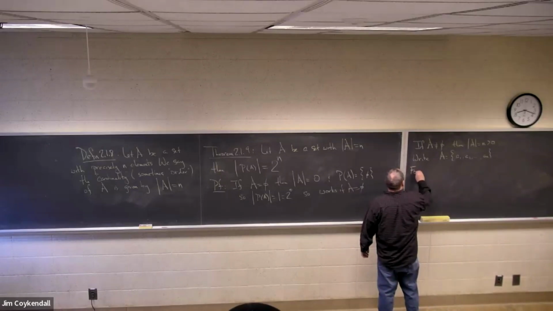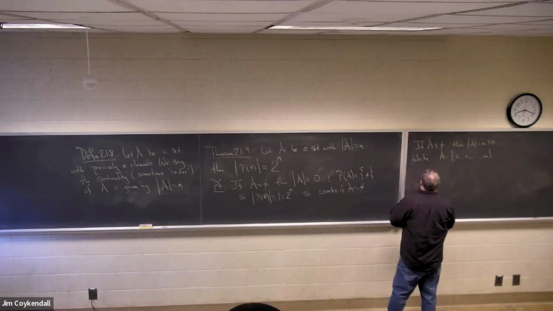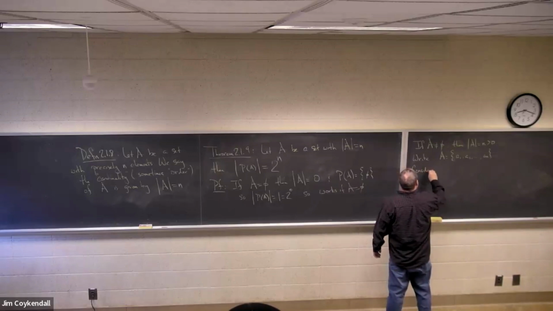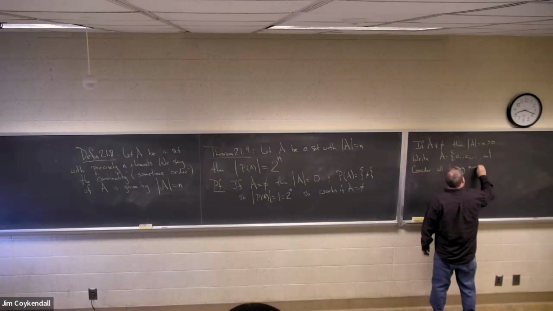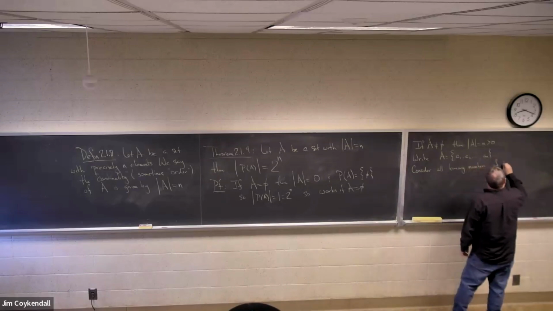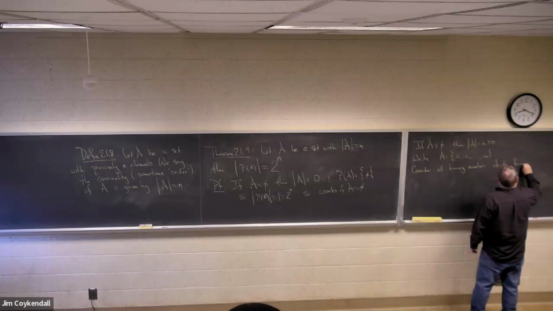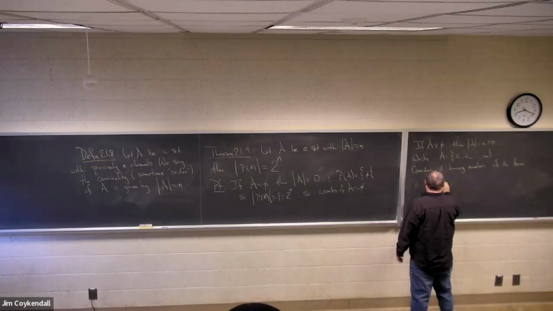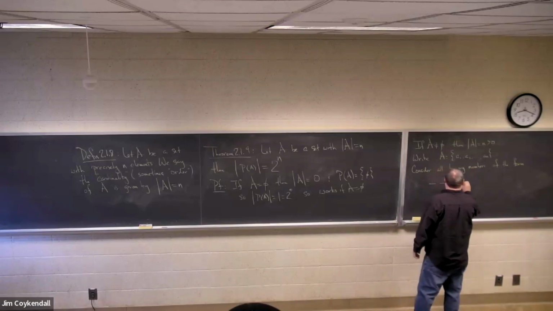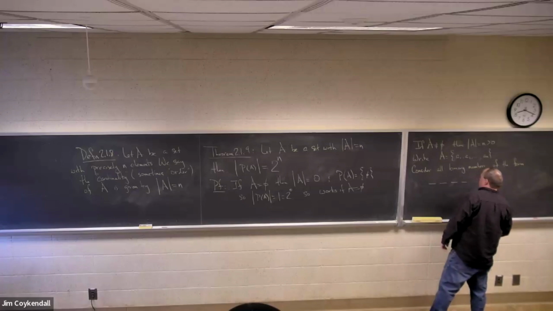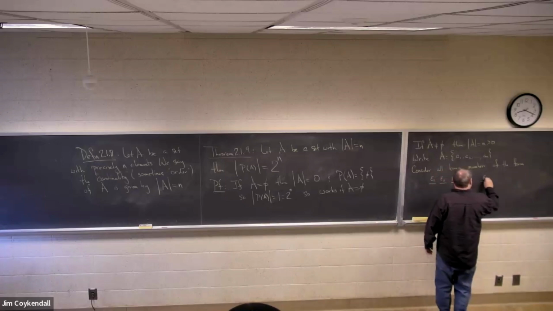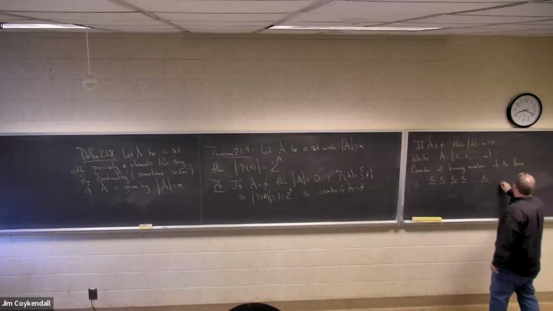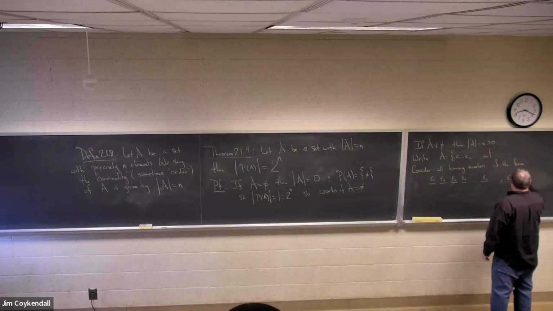Now, consider all binary numbers, epsilon 1, epsilon 2, up to epsilon n, where each epsilon is 0 or 1.